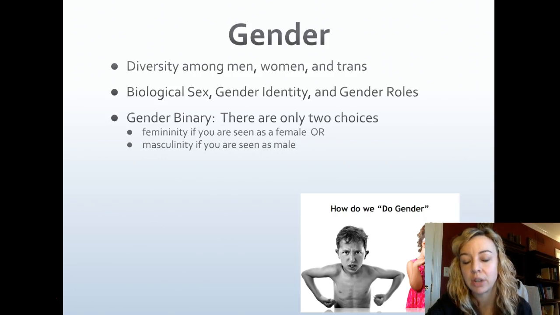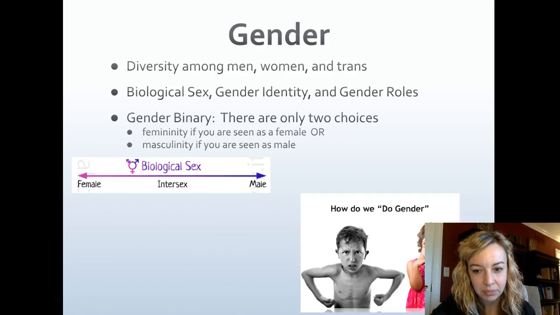So how do we do gender? One, the little boy is trying to be strong, and the little girl is dressed in pink like a princess or something. So this interacts with biological sex because the expectation is for those who have a biological sex as female to operate according to the feminine, and those who are biologically male to live up to the expectations of masculinity.